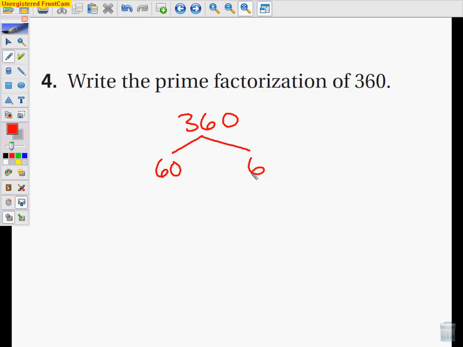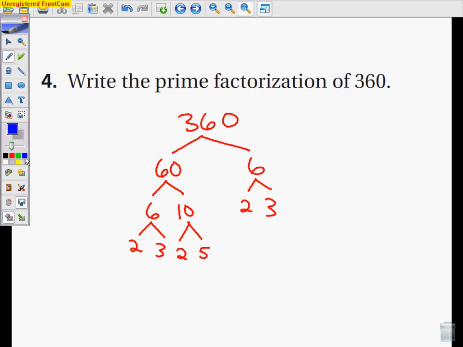Then from there you just keep on finding numbers that multiply to give you the product that you're looking for. 6 times 10 gives me 60. 2 times 3 gives me 6. And you stop when you get to prime numbers. You can get 2 times 3 to give you 6, and 2 times 5 to give you 10. 2 and 3 are already prime. And now we're left with all prime numbers.